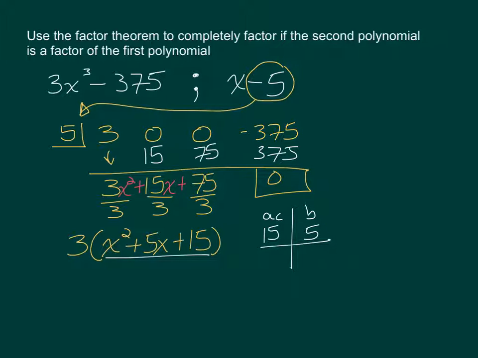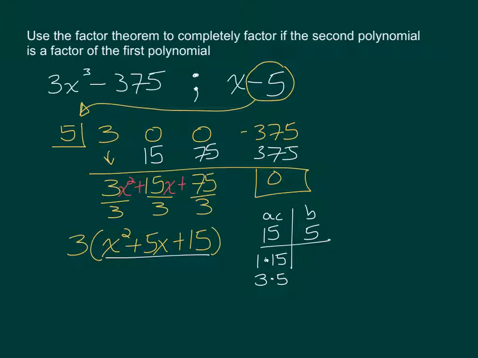So the only numbers we can use to multiply to get 25 are 1 and 25 and 5 and 5. None of these pairs add up to the 5 that we're looking for. 1 plus 25 is 26, 5 plus 5 is 10.